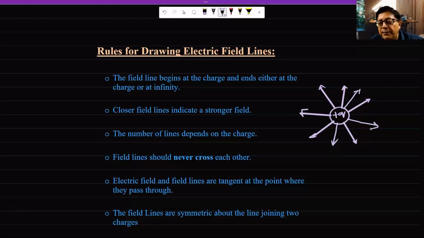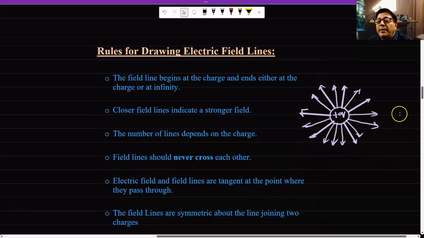Just a few more we draw. Like this. They will be symmetrical. In my drawing, one is coming smaller, the other one coming bigger. It doesn't mean that we are thinking about an asymmetrical field.